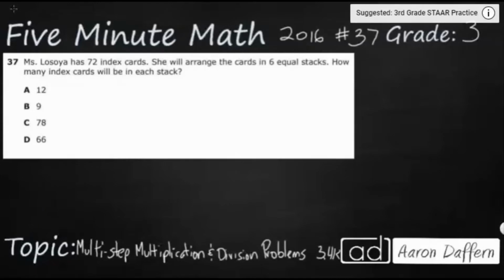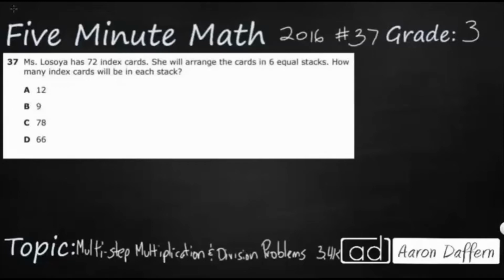So this standard has both 1 and 2-step problems, and this happens to be just a simple 1-step problem. So we have Miss LaSoya. She's got 72 index cards. She's going to arrange them into 6 equal stacks, and then how many index cards are going to be in each stack? So our only clue here is going to be this term equal stack.